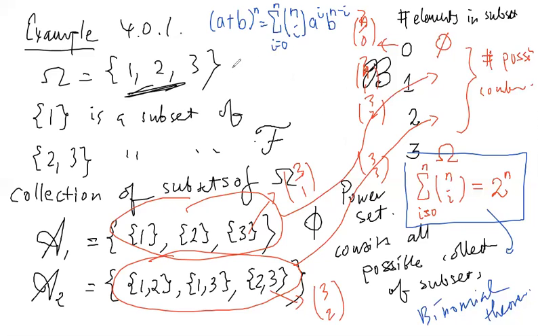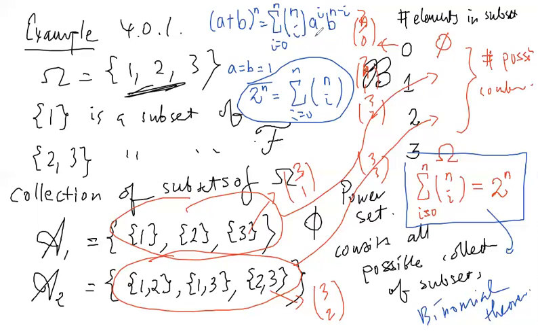You just take a equals b equals 1. Your left hand side will be 2 to the power of n, and your right hand side will be just the sum. This is considered an elementary discrete mathematics result. So far so good.